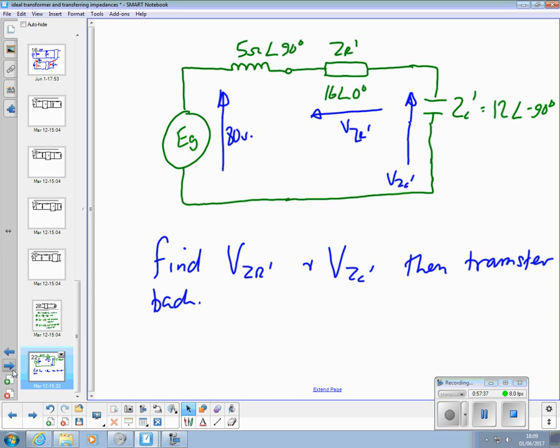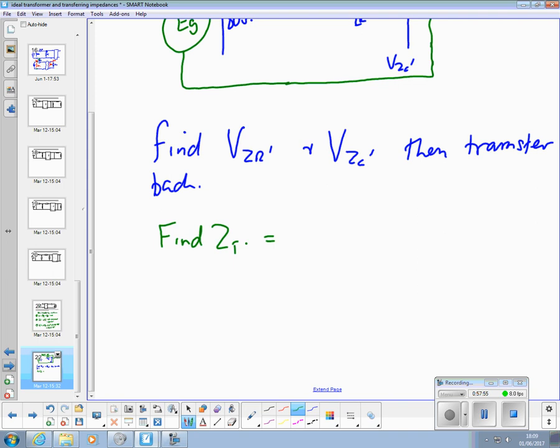We've got one voltage and some impedances. Total impedance. Yep. Total impedance is ZL plus ZR dash plus ZC dash.